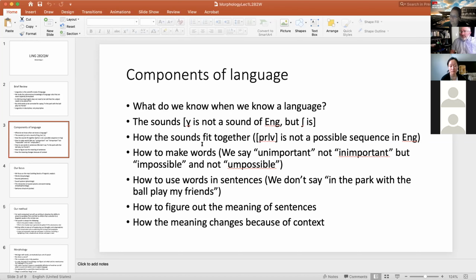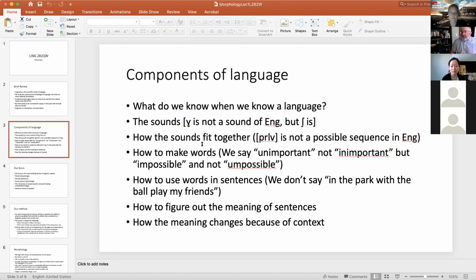We know how sounds fit together, because not all languages have the same rules for putting together sounds. So Prv is a possible sequence in Serbian or Croatian, but it's not a possible sequence in English. We know how to make words.